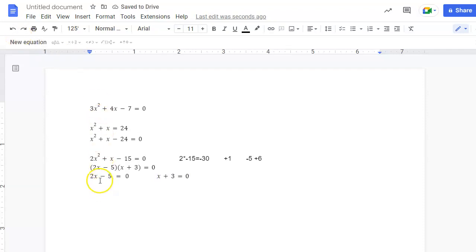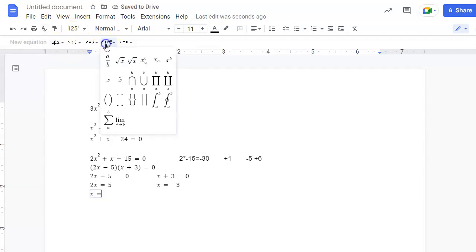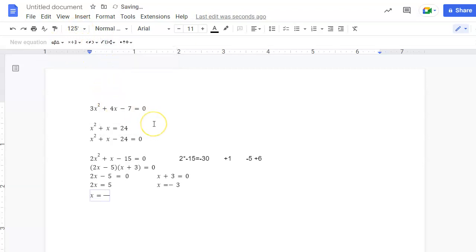And so in this particular case, I would have 2x is equal to a 5, because I add the 5 to both sides. And then here I would have x is equal to a -3. This one I have to divide by 2, so I get that x is equal to, and I have fractions, so a 5 halves.